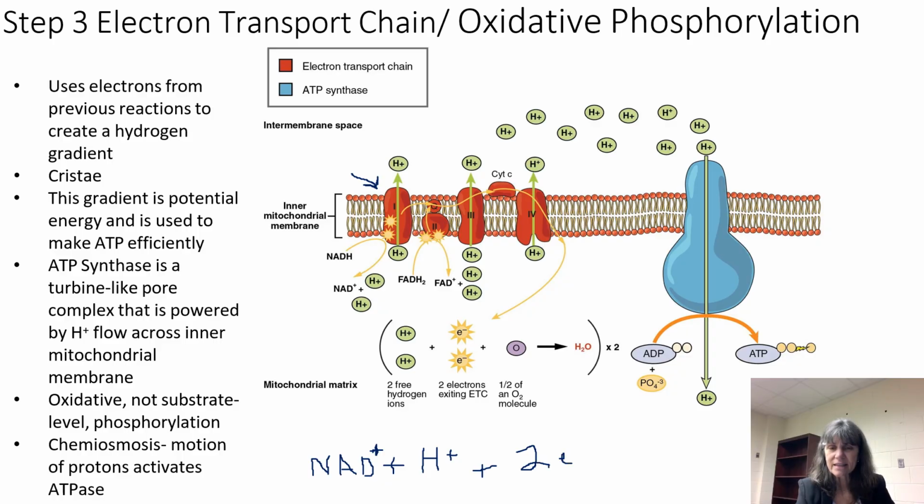Okay, so that's an e. So we get 2 free negative electrons in the process of oxidation. So if we look at this picture, you see these little yellow stars that are associated with the proteins. Those represent the free electrons, and we can see them down here as well.